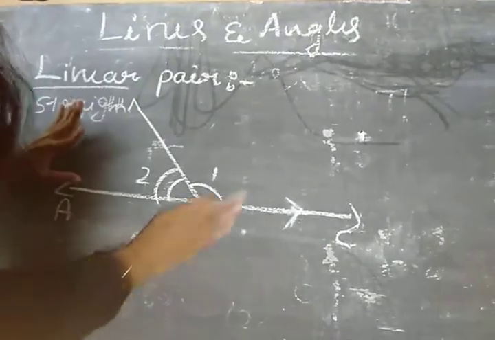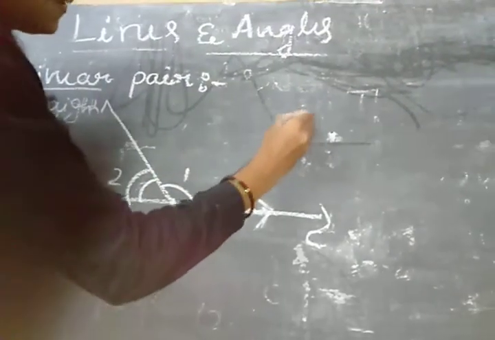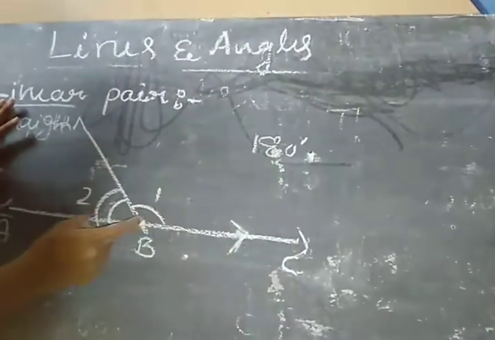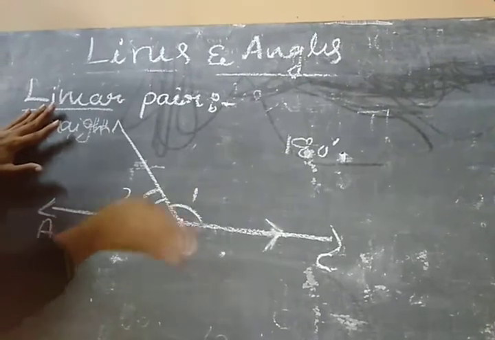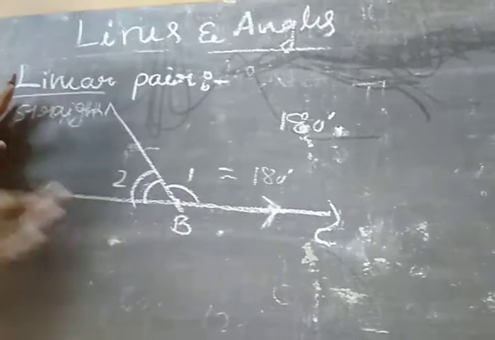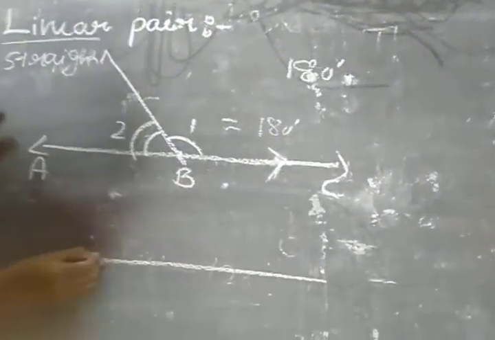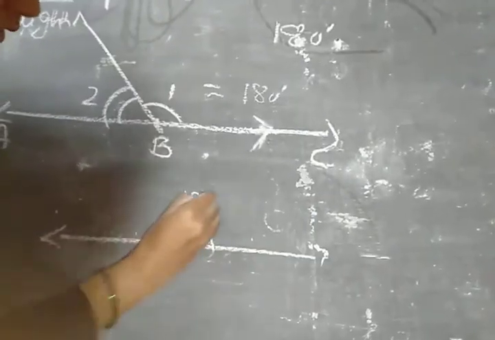Supplementary means if you add two angles, we get a sum of 180 degrees. So if you add these two angles 1 and 2, both angles are supplementary, that is 180 degrees. You should remember that if you take a straight line, this angle should always be 180 degrees.